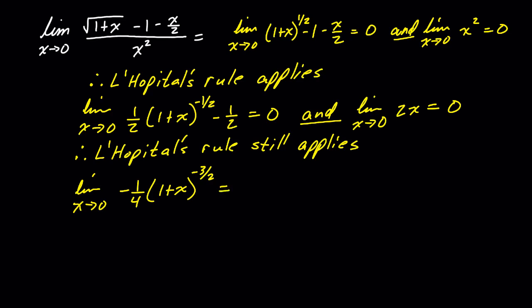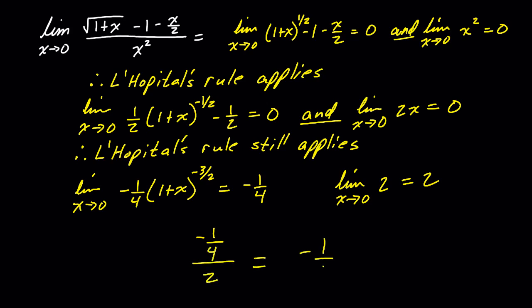Now if you plug 0 in, 1 to any power is 1, and 1 times negative 1/4 is negative 1/4. And then the limit as x approaches 0 of the derivative of the denominator, which is 2, is going to equal 2. So that's going to give us negative 1/4 over 2, which is negative 1/8 for our limit here.